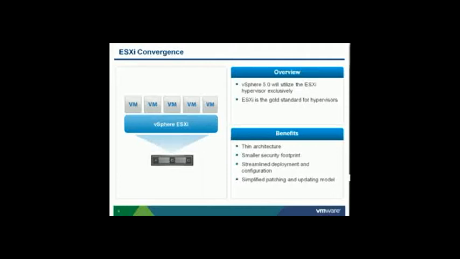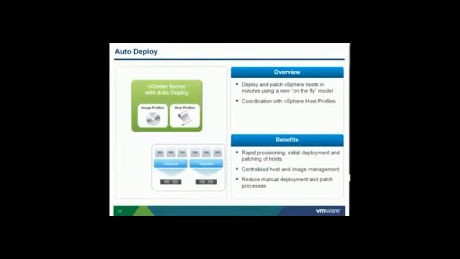Of course, if ESXi is so small, it gives us great benefits. So we have introduced a lot of these features and functions on the back of it. Auto-deploy is a very powerful method of essentially deploying a single image of your ESXi or of your vSphere infrastructure.